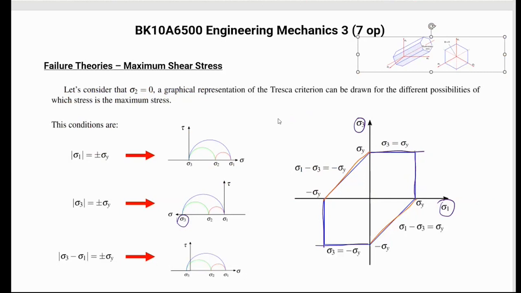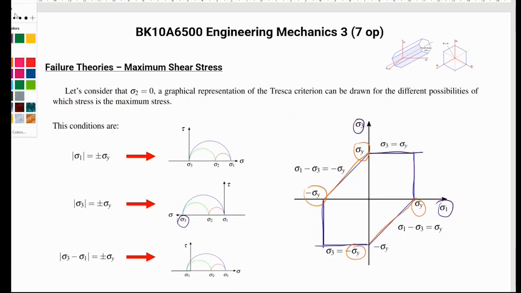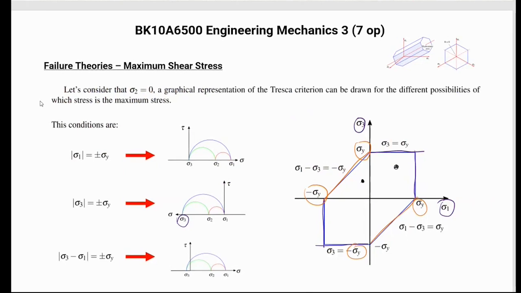But this figure is pretty important, because if you use the yield stress given in the commercial tables and draw this figure, simply said, if you calculate the principal stresses, you want to make sure that your loading case always falls within this region, no matter what. Tresca says that if you have principal stress 1 and principal stress 3, and that falls within this region, it's not going to yield, it's not going to fail.